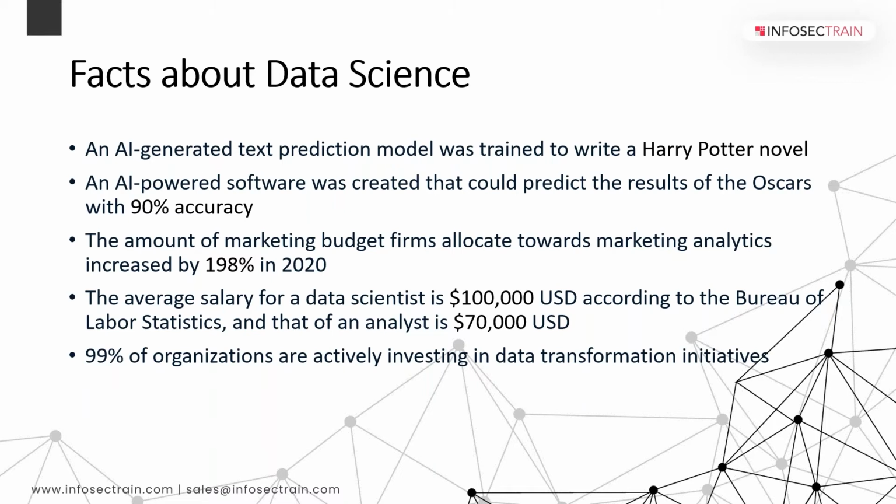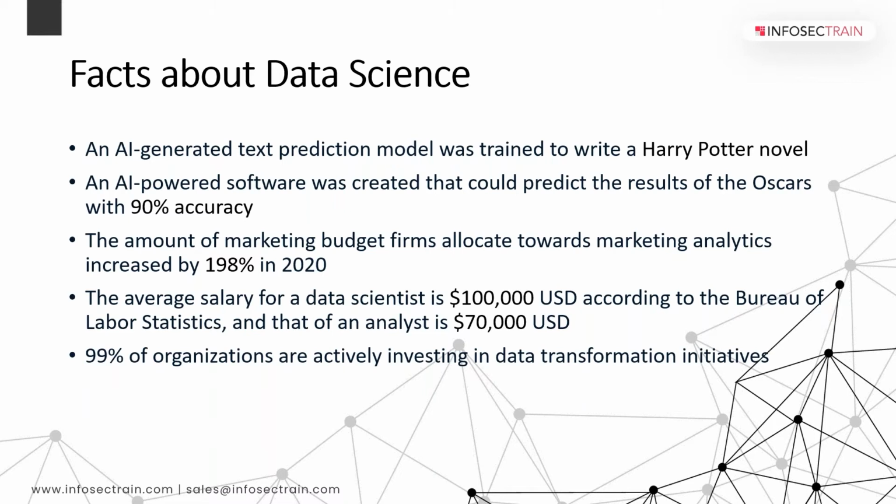An AI-powered software was created that could predict the results of the Oscars with 90% accuracy. So you see that by applying artificial intelligence to data, with data science we can solve any kind of problem.